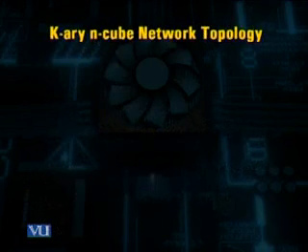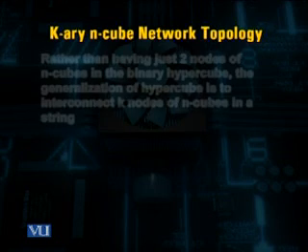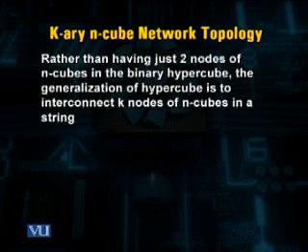The other extension of the hypercube is the k-ary n-cube network topology. Here, rather than having just two nodes per dimension of the n-cube as in the binary hypercube, the generalization of the hypercube is to interconnect k nodes of n-cubes in a string.